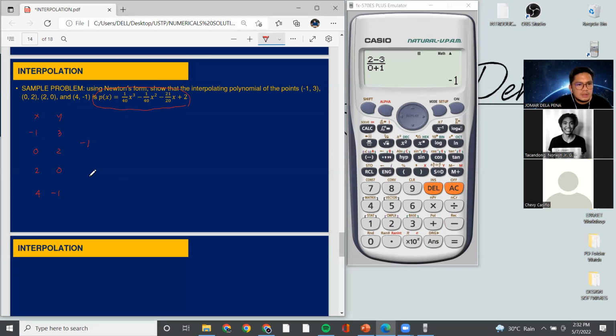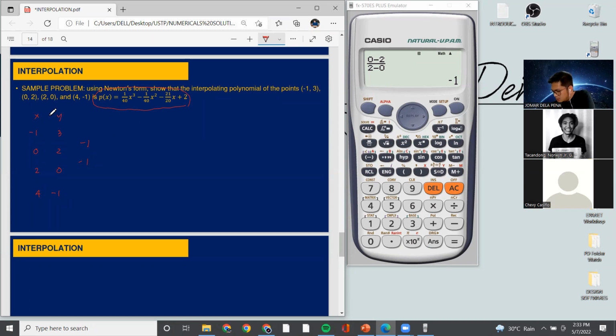And next, we have 0 minus 2 and 2 minus 0, that is 1, negative 1 yapon. Negative 1. Okay, verify namin.